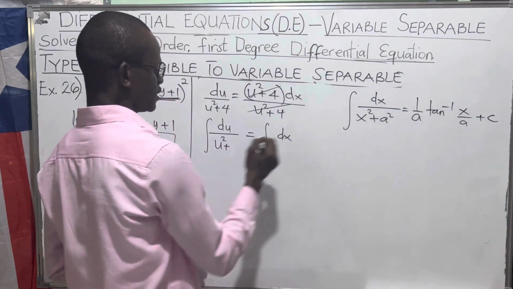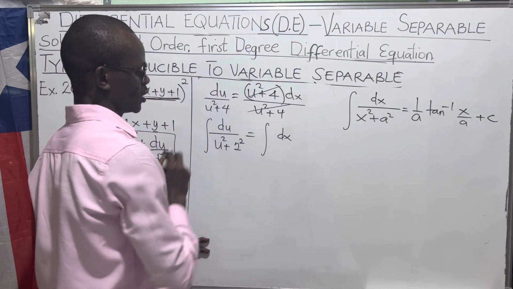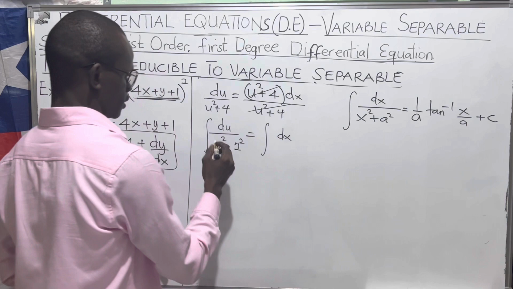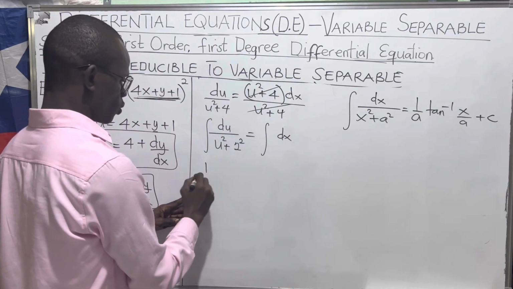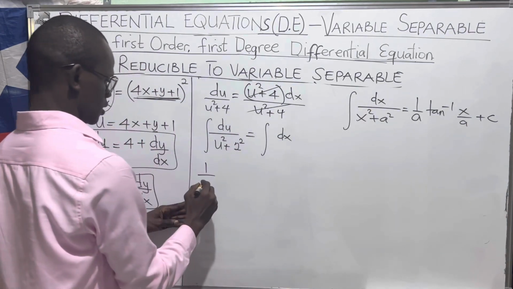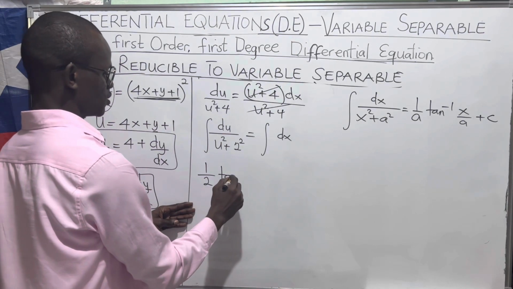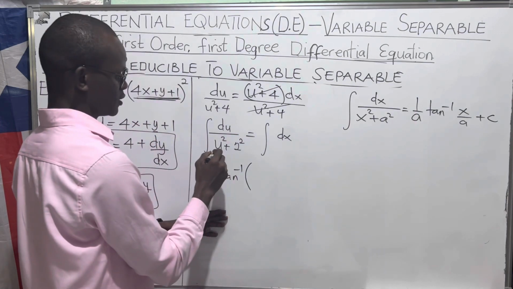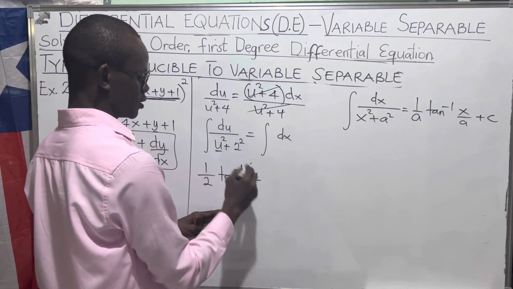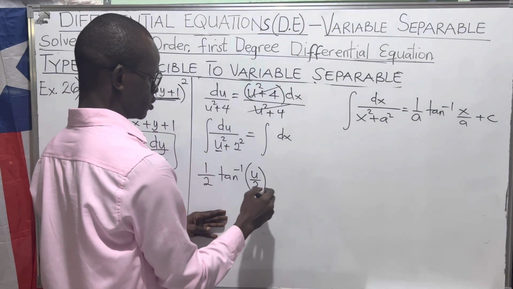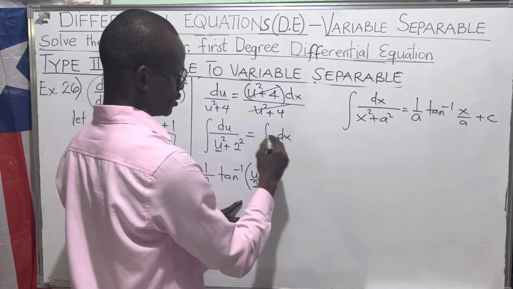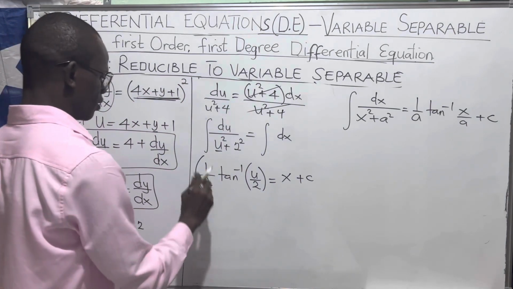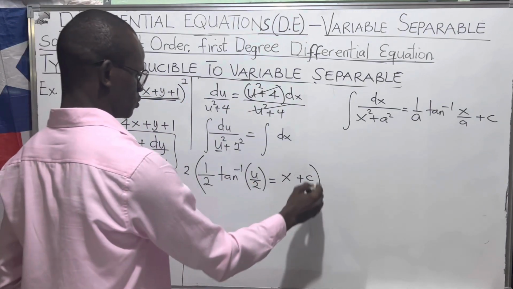So our a in this case is just 2, and 2 is raised to the power of 2. So this would give us 1 over 2 tangent inverse of, what is it? x now is our u, all over a, which is just 2, equals the integral of dx, which is x plus c. So we can multiply all sides by 2 to get rid of this 2.